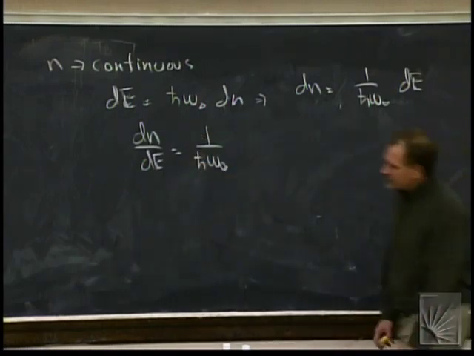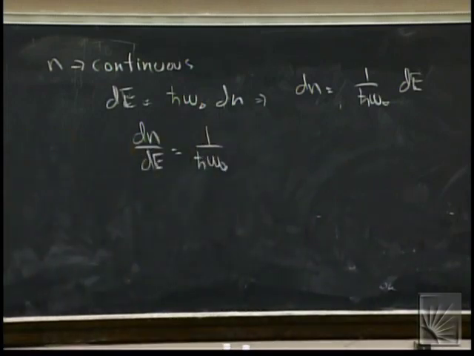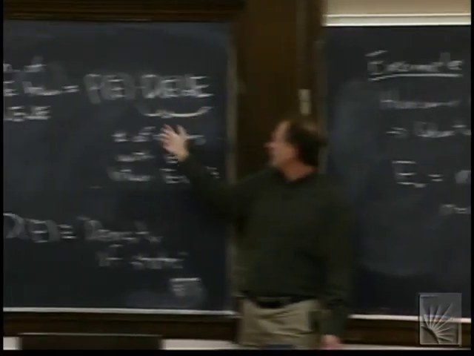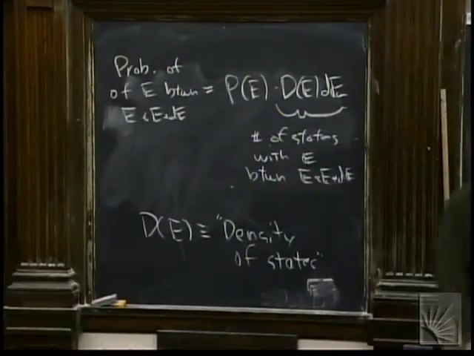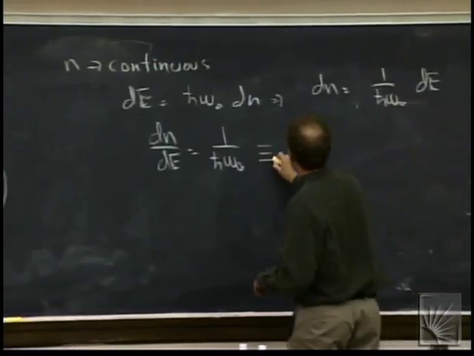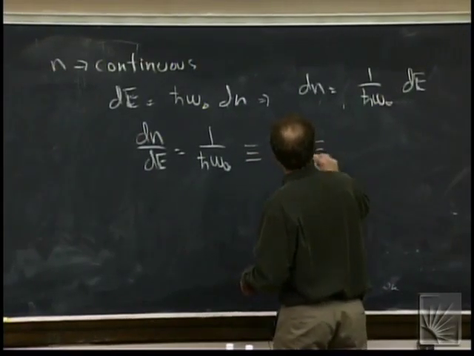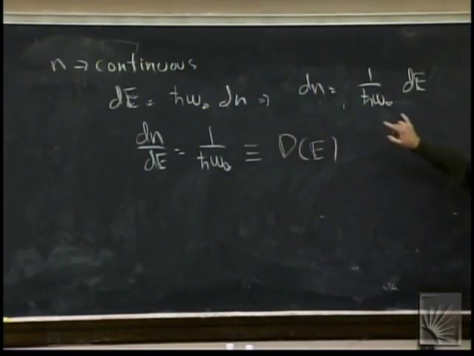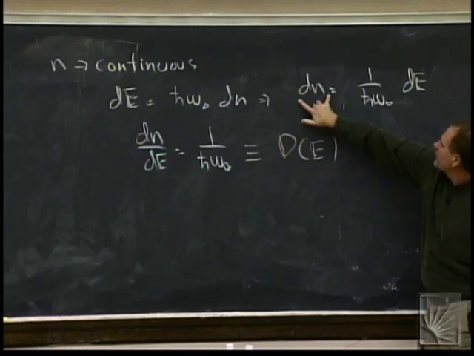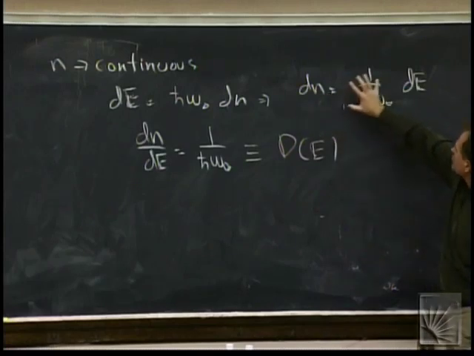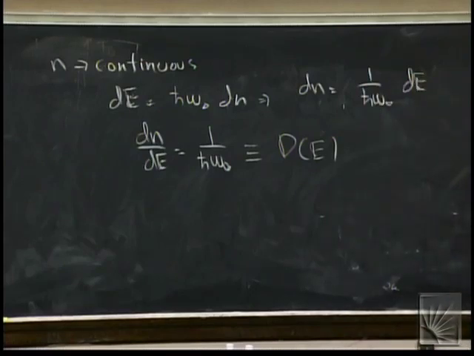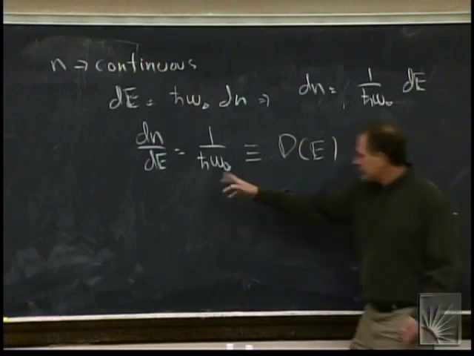Now look at the definition I had over here. I said I wanted this thing, capital D times dE, to be the number of states in the energy range. I think you can see then that this has to be D of E. This is the number of states in the energy range, and it's equal to some coefficient times dE. So this is actually the more general formula.